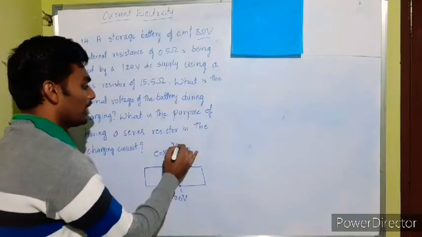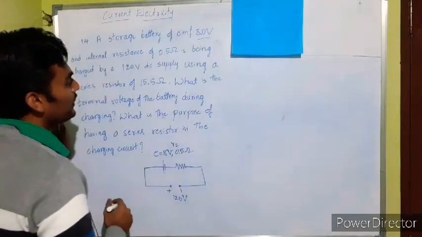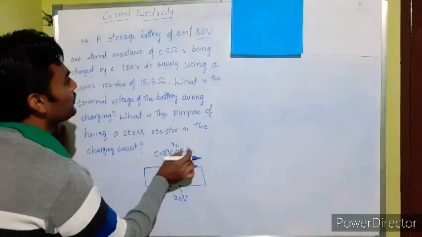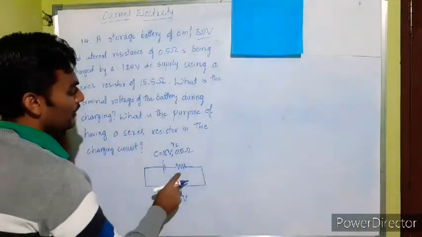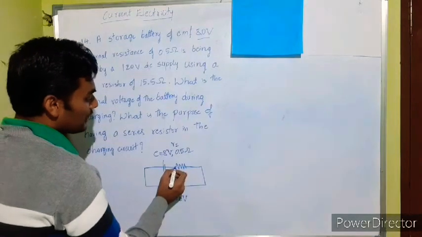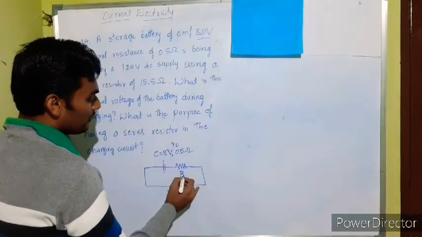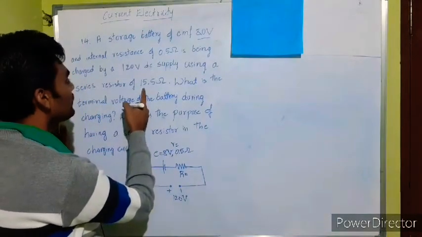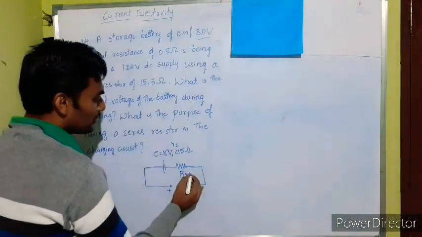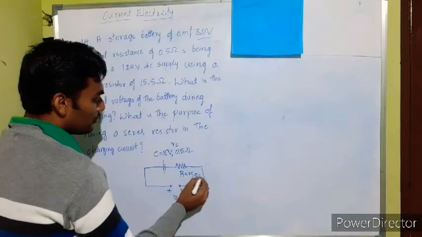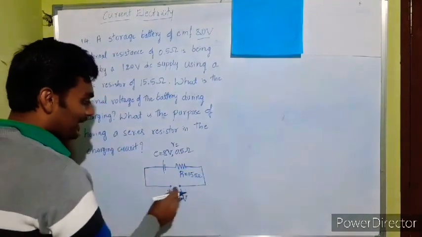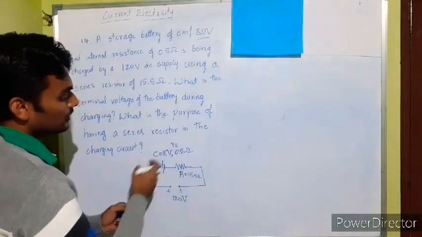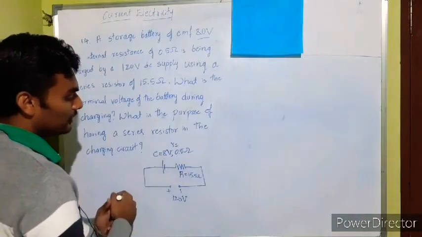Okay, so small r is equal to 0.5 ohm. This is the nature of the battery. 8 volt EMF, 0.5 ohm internal resistance. And the external resistance connected in series, let me name that as capital R, which is equal to how much? 15.5 ohm. Okay, and this is the total voltage across both the battery and the resistor.